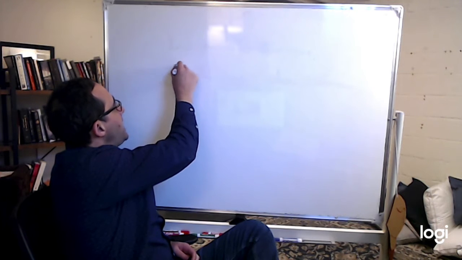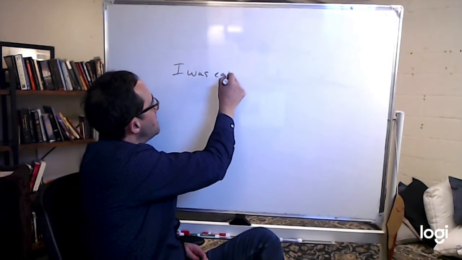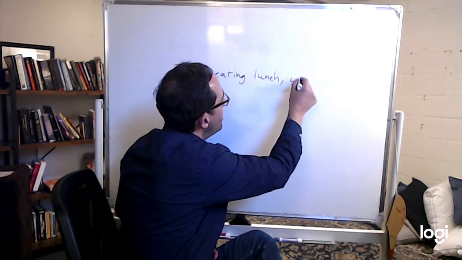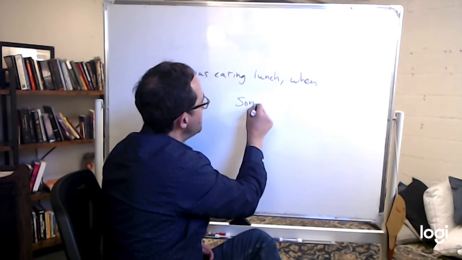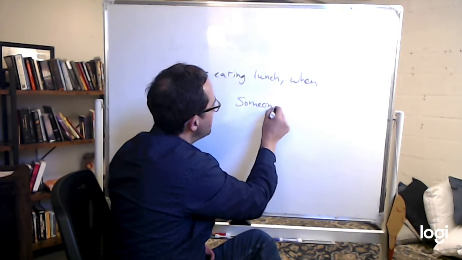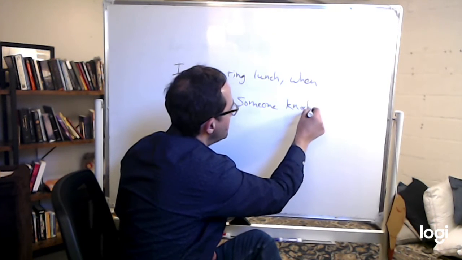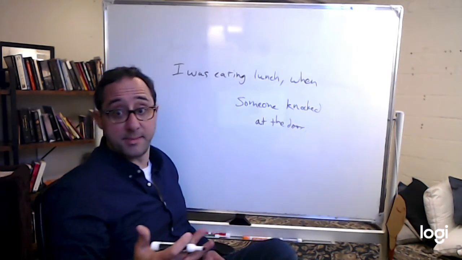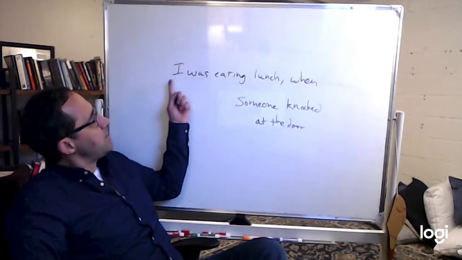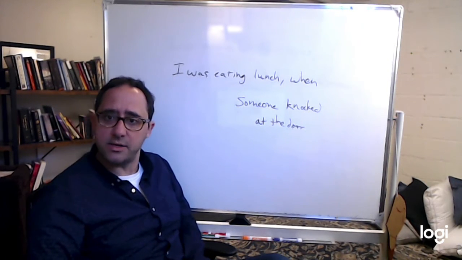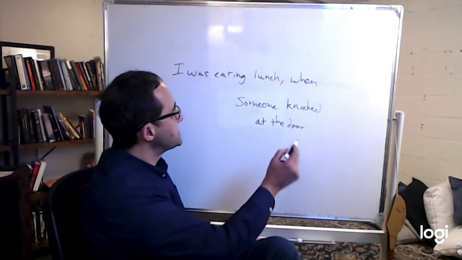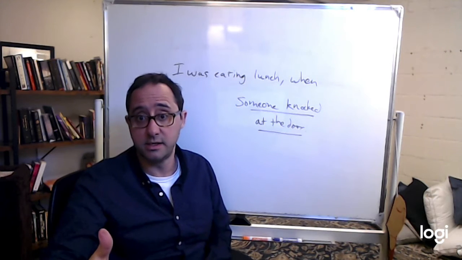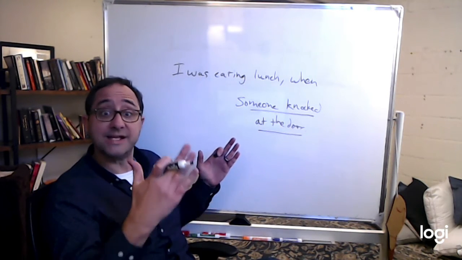Last week, I was eating lunch when someone knocked at the door. You're about to tell them an amazing story about someone that came to your door. I was eating lunch when someone knocked at the door. Notice this is in the past simple because it happened once and completed. I was eating and someone knocked at the door.